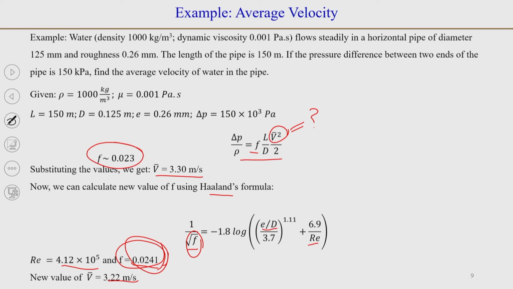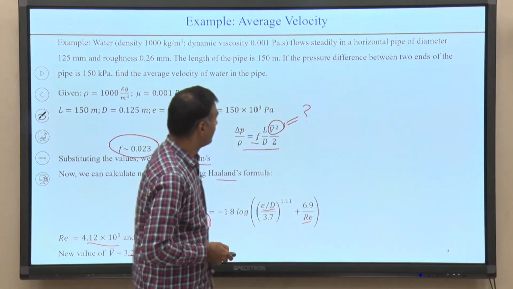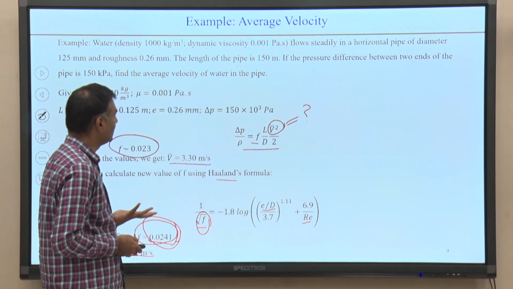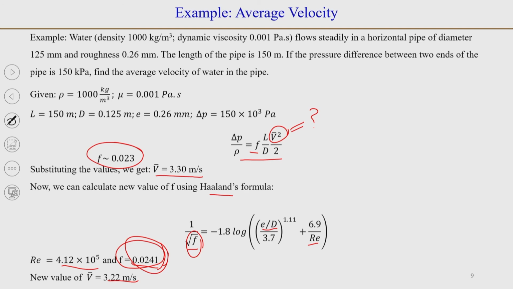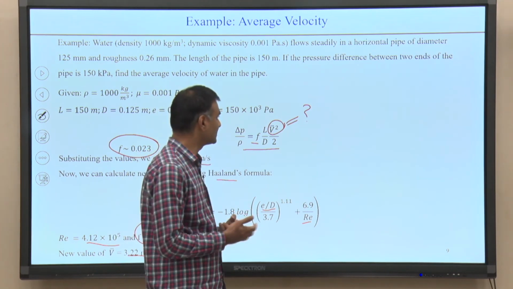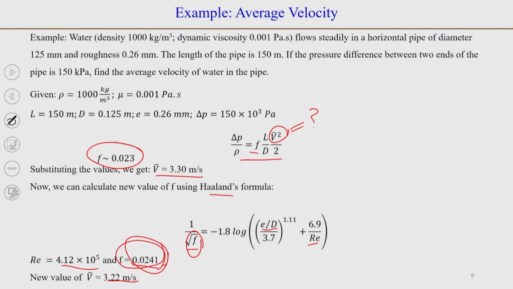So, we could converge in one iteration. So, it helps if you start with a good guess. Okay. So, we have looked at how to calculate average velocity or flow rate. Once we know the average velocity, you can calculate the flow rate also by multiplying by the cross sectional area, because we know the diameter of the pipe already.